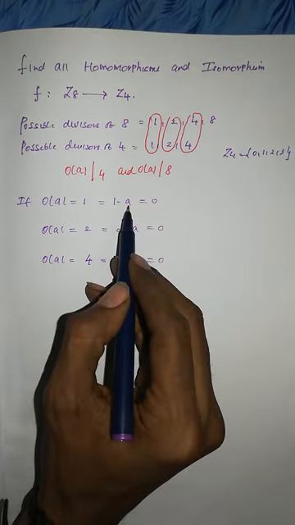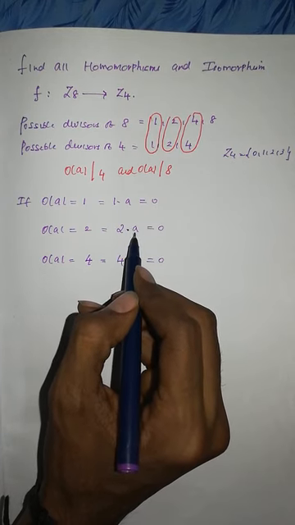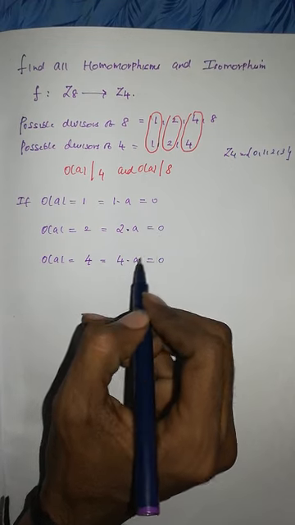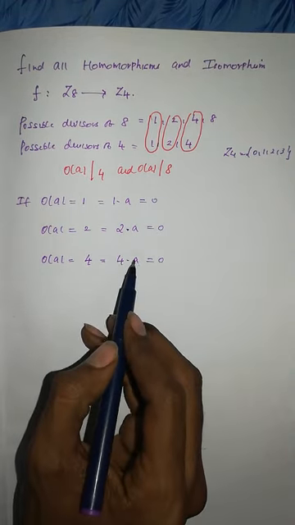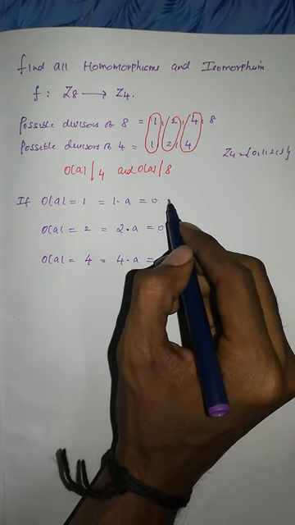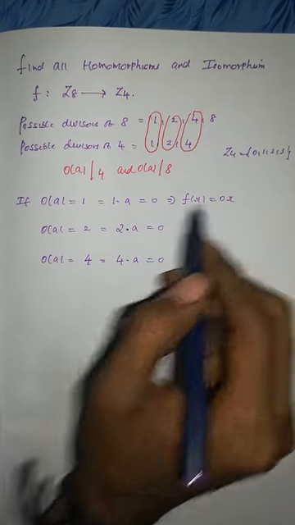Now we want to choose an a in which 1 times a is 0, then an a in which 2 times a is 0, and then an a from Z4 for which 4 times a is 0. Now 1 times a being 0 always gives the trivial homomorphism, which is f of x equal to 0x.